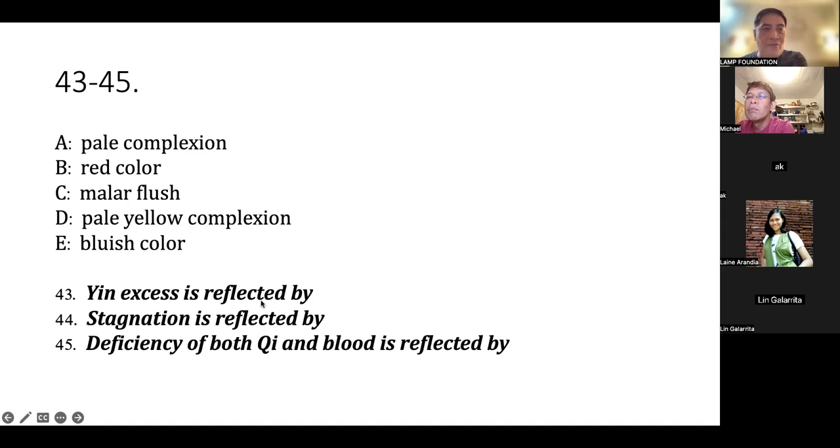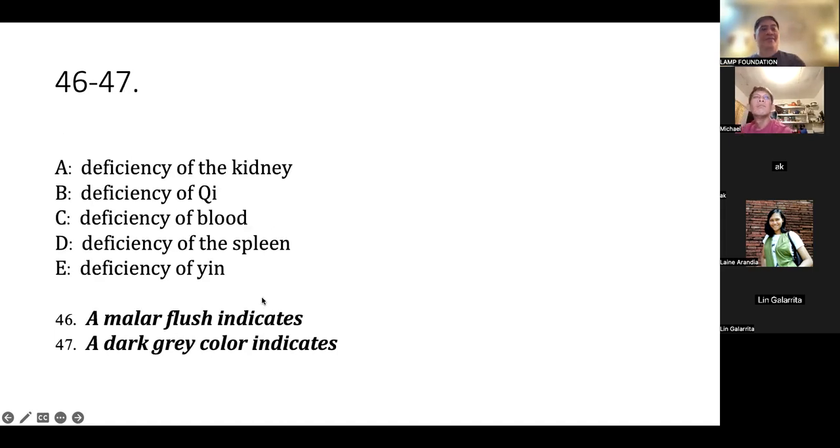Okay, number 46. Number 46, a Malar Flush indicates, ito po yung letter E, deficiency of yin. Okay. Then, dark gray color. Ang dark gray color indicates deficiency of the kidney. What about deficiency of Qi? Deficiency of Qi, yung ano po yun, yung pale yellow.